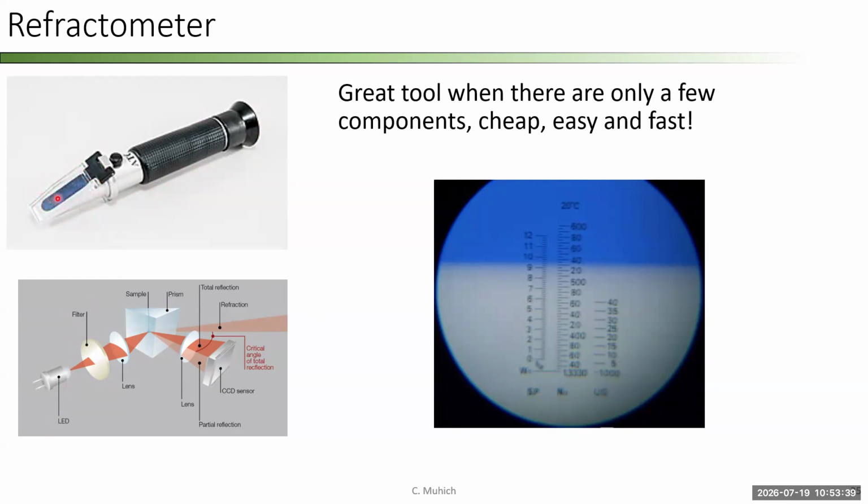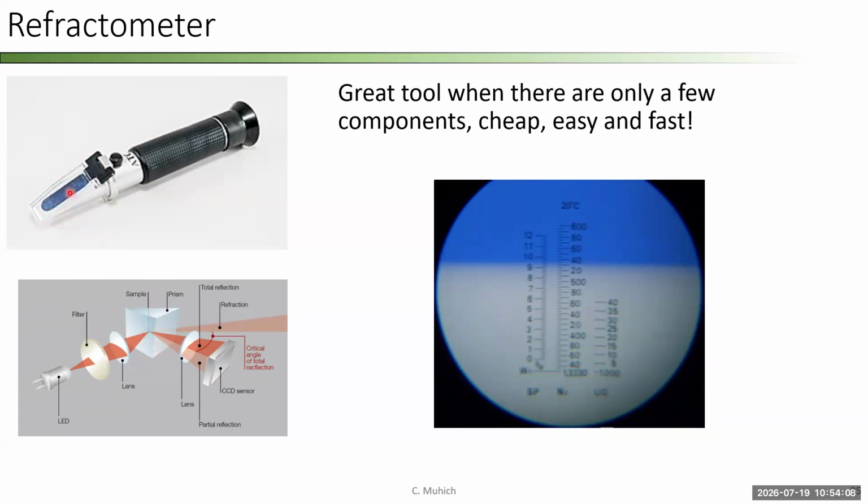We would put a drop of our solution on this plate. We look up into light. That light comes through a prism, so light goes into this prism. That's this piece right there, and where the sample sits on that edge side.